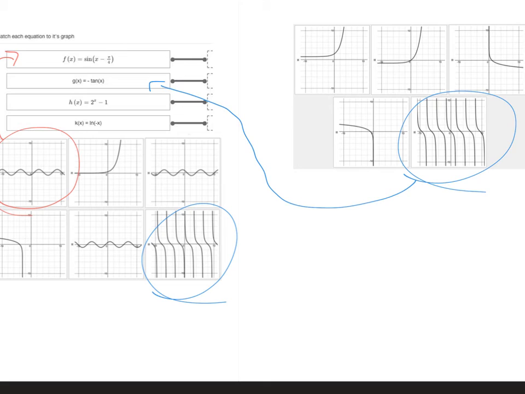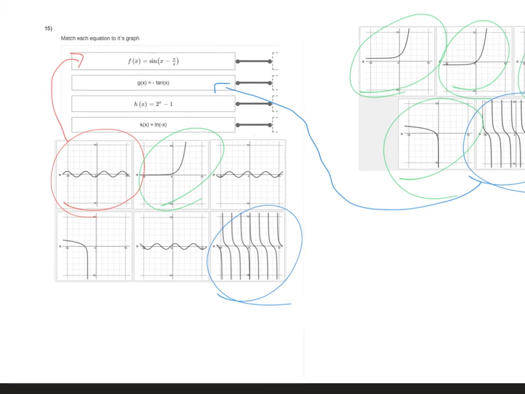Well, again, let's think about anything that's exponential here. So let's see. Where do we see something exponential? This looks exponential. This looks exponential. This. Let's see about this one.